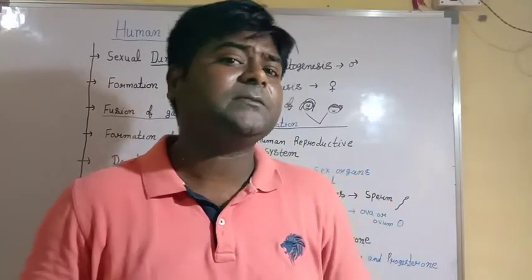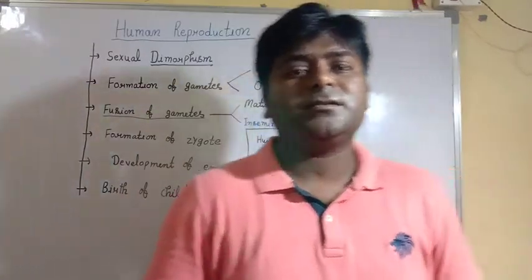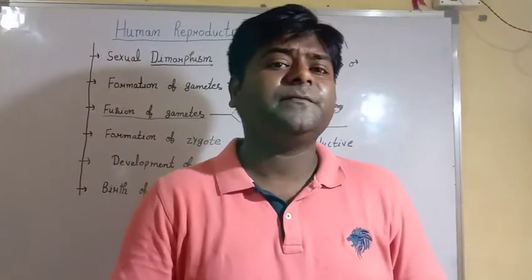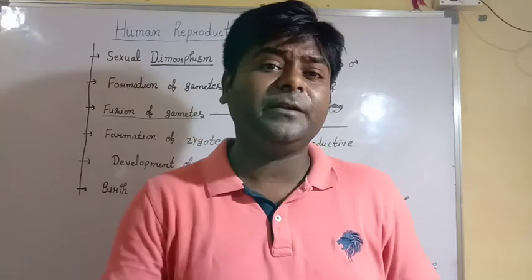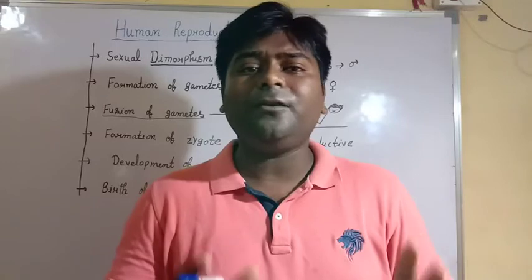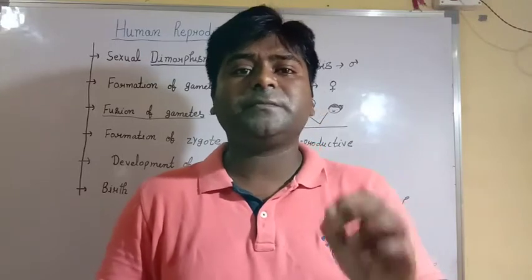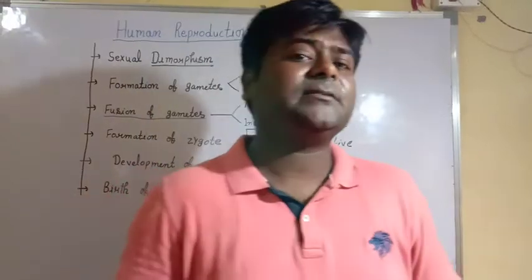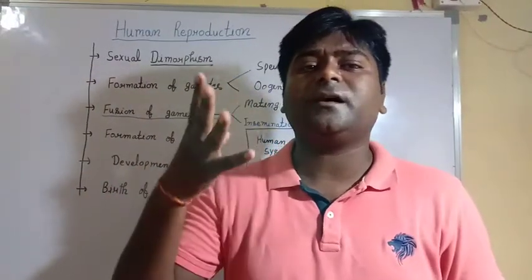Millions of sperms at one time are released to fulfill the fertilization process, because all the sperms cannot reach. Only the best sperms are selected by the female system. There are various hurdles.